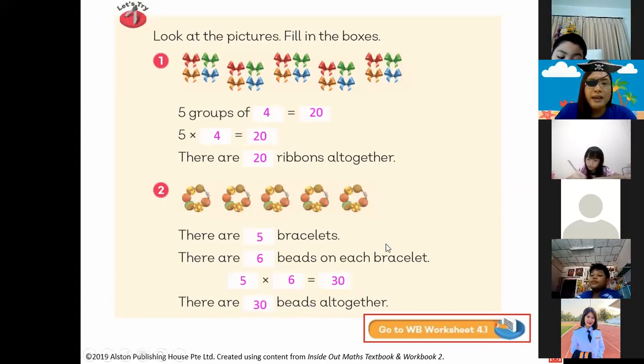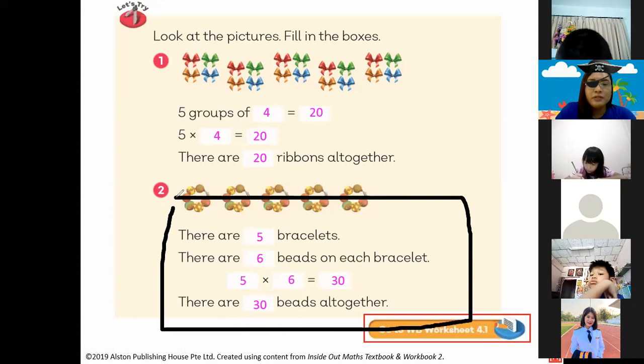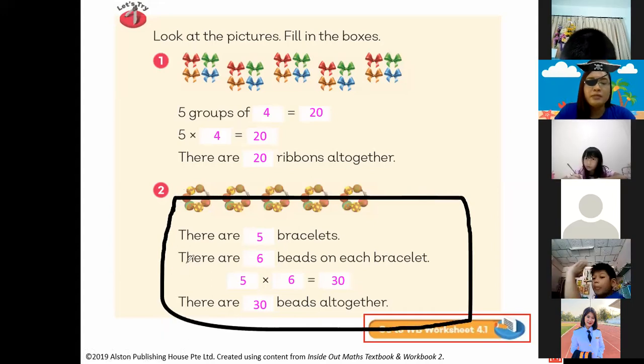All right. Now, Brave, can you read this one? There are 5 bracelets.